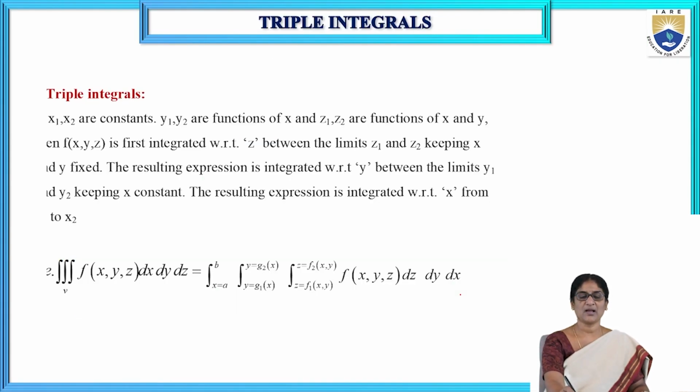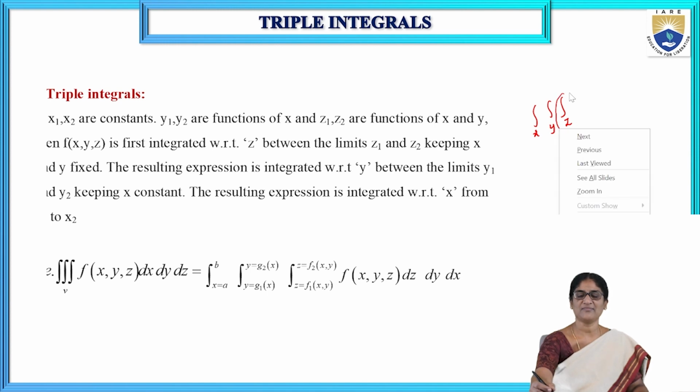If x1, x2 are constants and y1 and y2 are functions of x, and z1 and z2 are functions of x and y, then f of x, y, z is first integrated with respect to z between z1 and z2, keeping x and y fixed. That means while doing triple integrals, when the limits are given for x, y, and z, the innermost integral is done first, then y, then x.